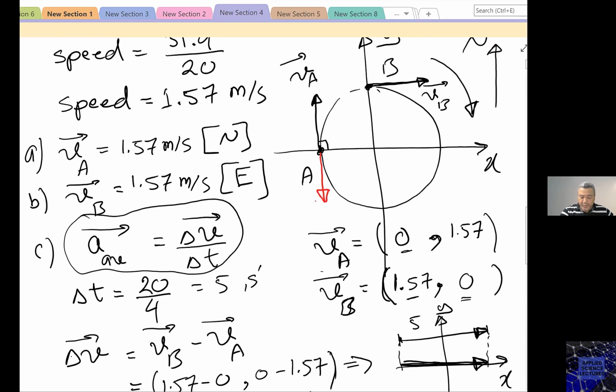It will be easier for me to work on that. So this is minus VA, and then I will take it and I will put it here. This is minus VA, right? Then this is the delta V.